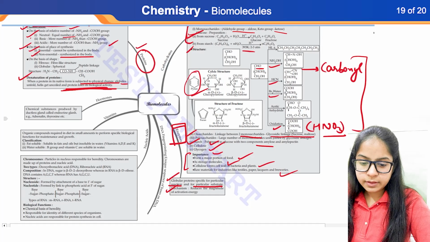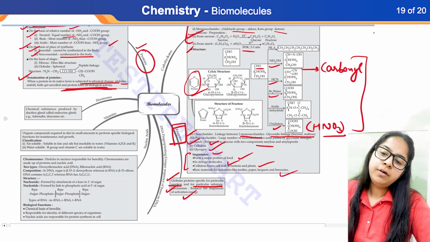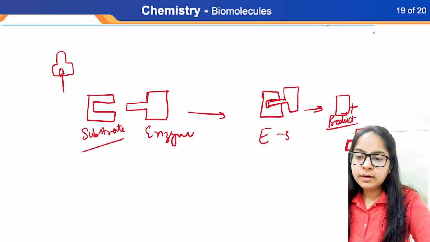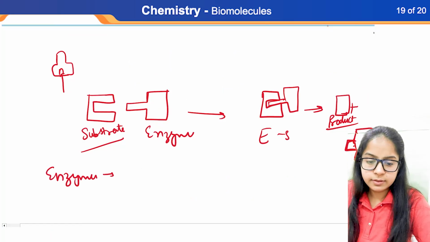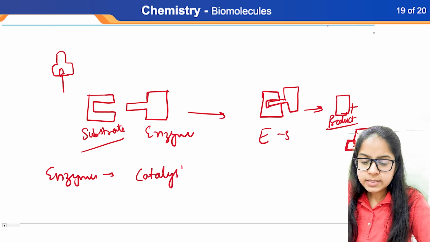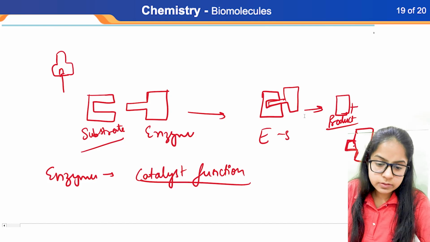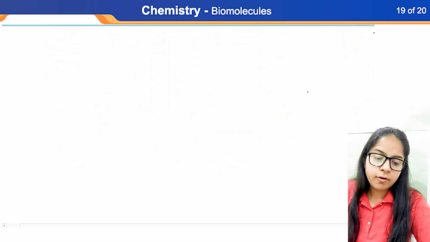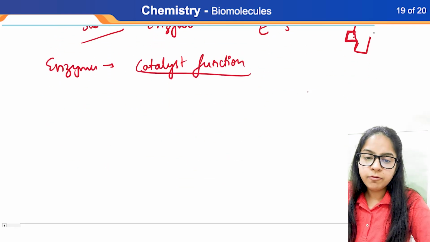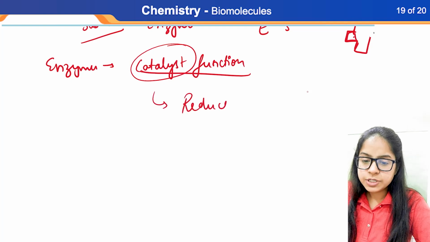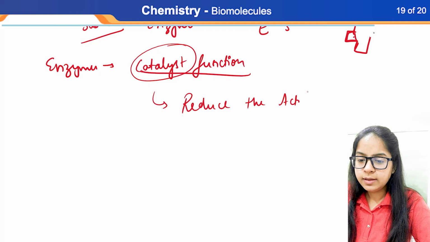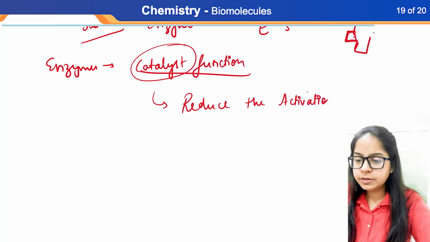Mechanism: it reduces the magnitude of the activation energy. Enzyme function is like the catalyst function. What is the main idea for using a catalyst? To reduce the activation energy.